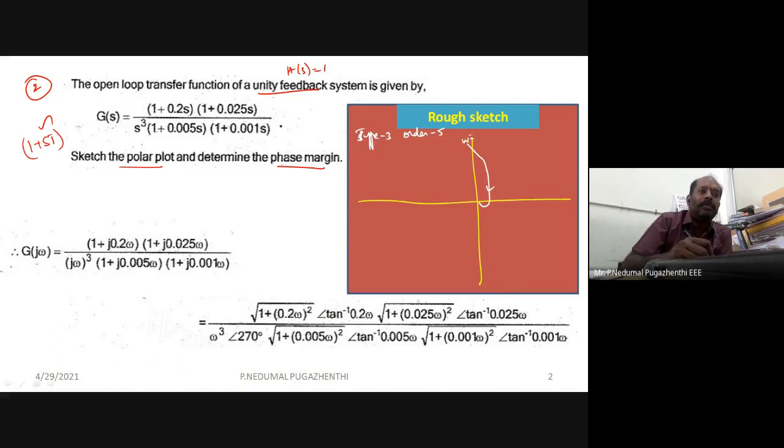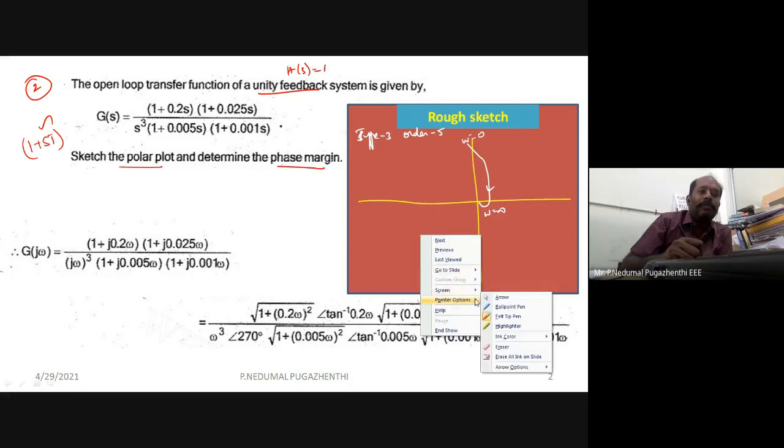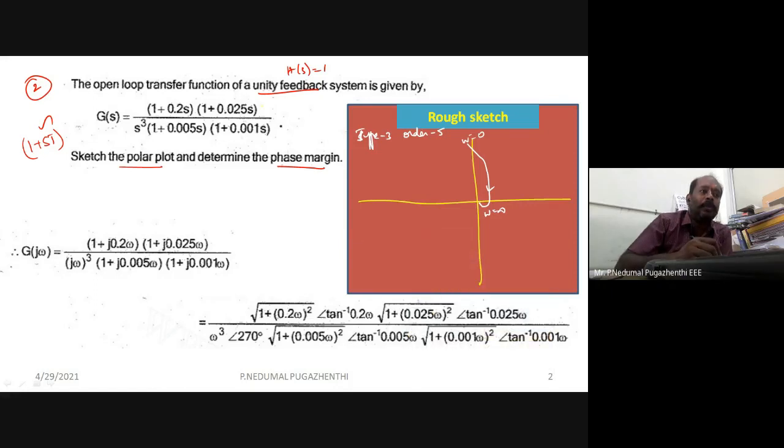When omega goes from 0 to infinity, what happens here is you have two zeros at the numerator part, 1 plus 0.2s and 1 plus 0.025s, and because of that, the net order is reduced to 3, and my graph will look like this.